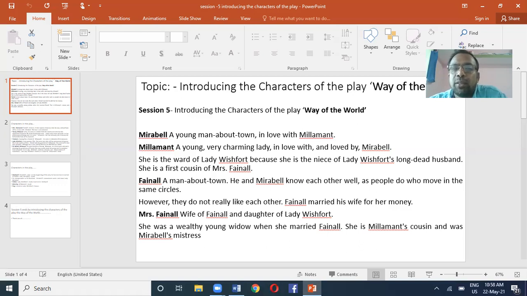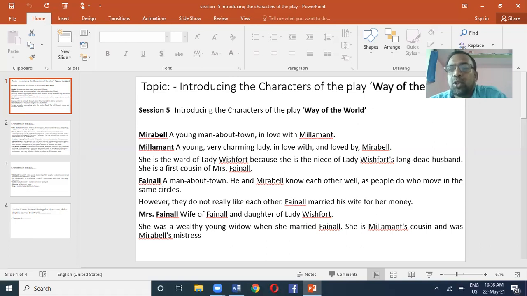She was living with Wishford, in the bungalow of Wishford. Because Millamant was the niece of Lady Wishford, she could become the ward, and was living in the house of Lady Wishford.